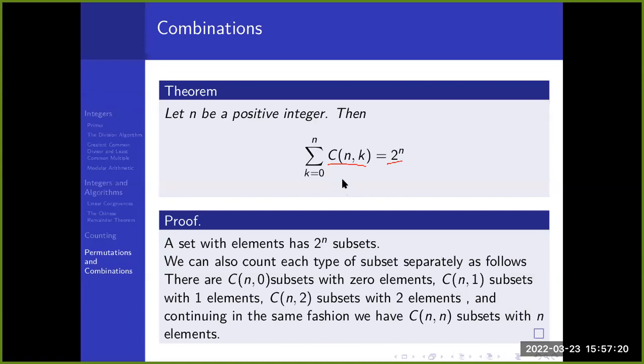So if n is equal to 3, then the first thing will be 3 combination 0. Then plus the next one will be 3 combination 1, and so on. If you keep expanding this, you will get 3 combination 2.